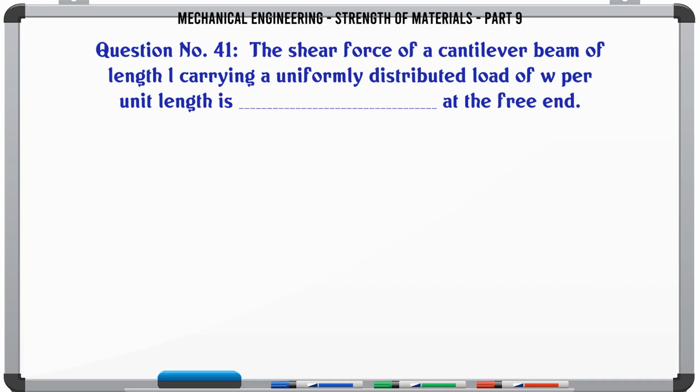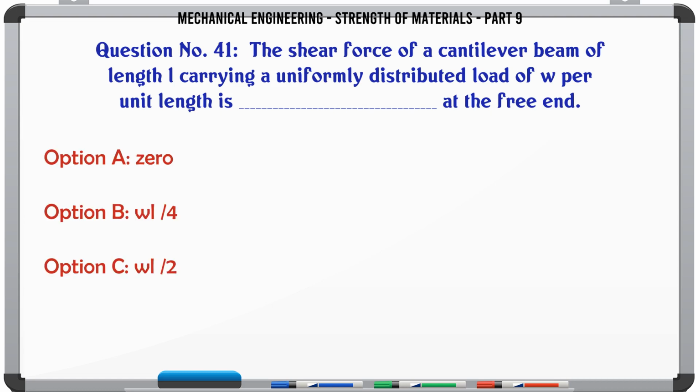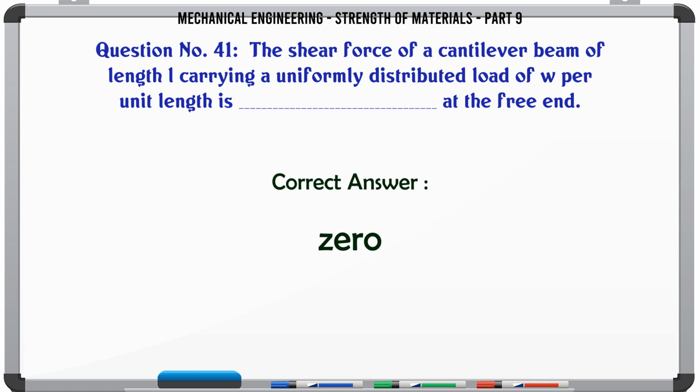The shear force of a cantilever beam of length L carrying a uniformly distributed load of W per unit length is at the free end. A, 0, B, WL/4, C, WL/2, D, WL. The correct answer is 0.